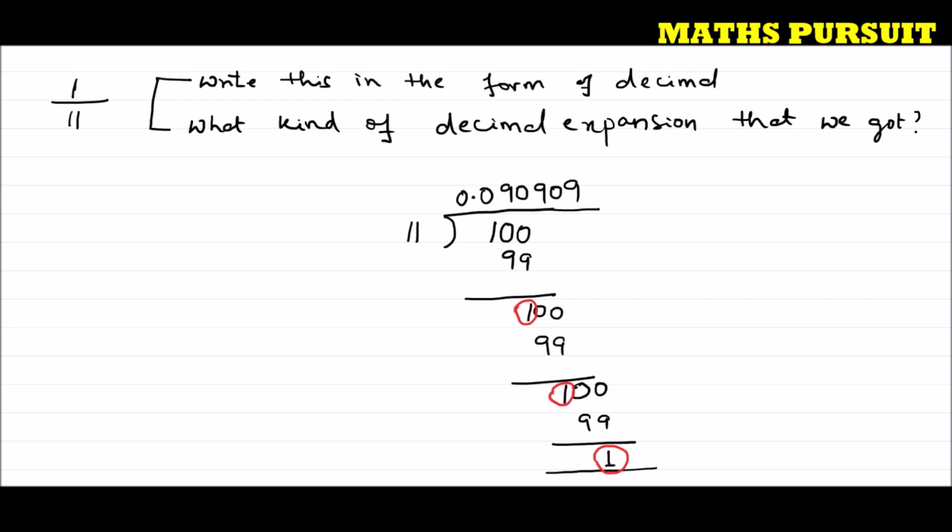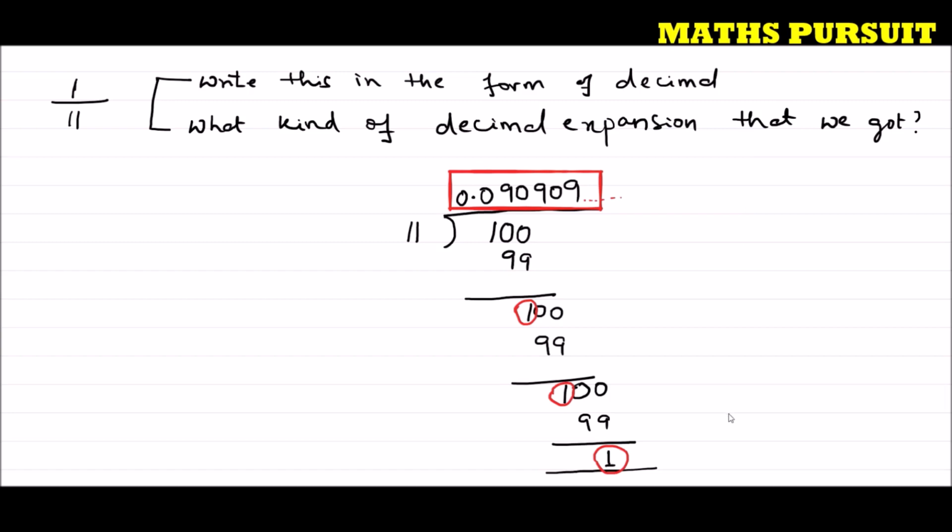Now if the remainder is repeating, then definitely the quotient is also repeating. If the remainder is repeating, you could see that our quotient has repeated: 09 09 09. It is getting repeated continuously. So what is this we got?